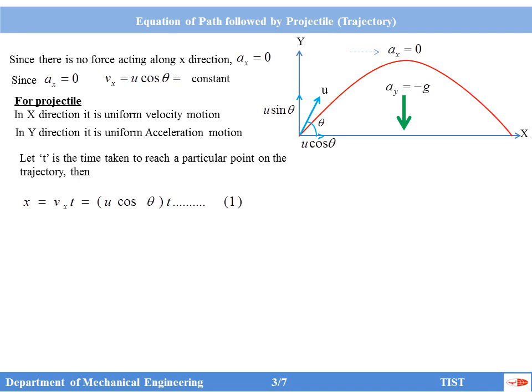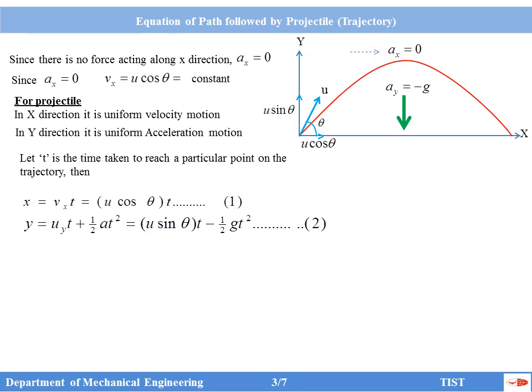Okay, so I am using s is equal to ut plus half at square here. Now s in y direction is sy, or simply small y, equal to uy t plus half ay t square. Okay, that is y.